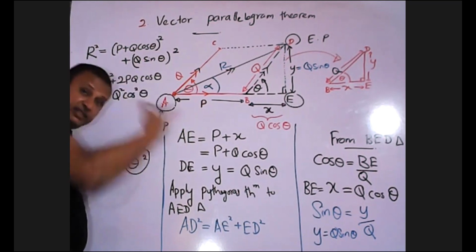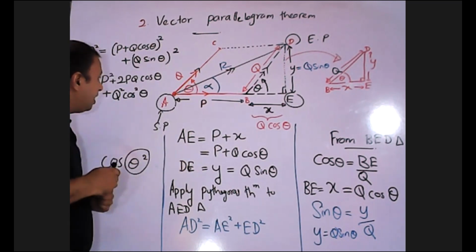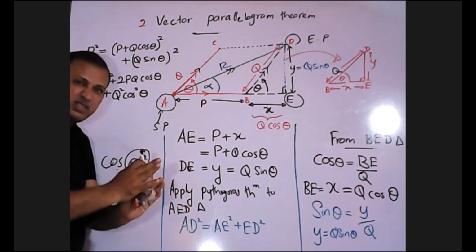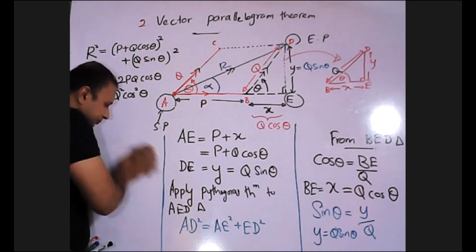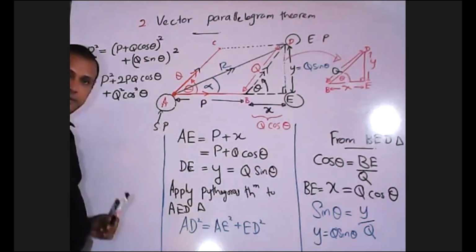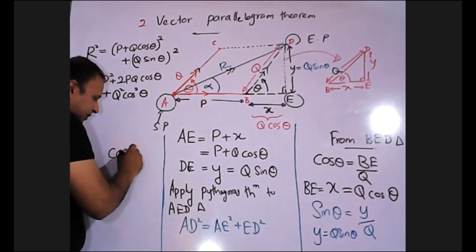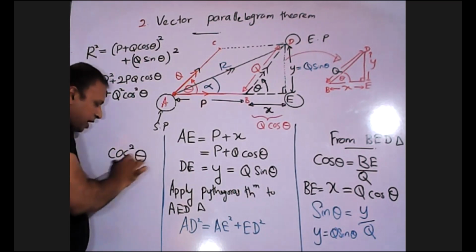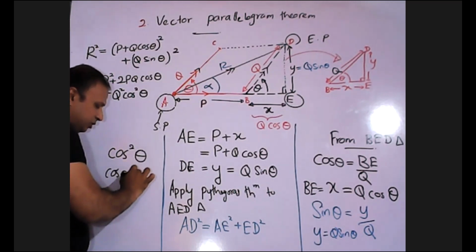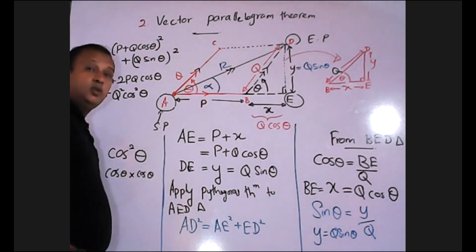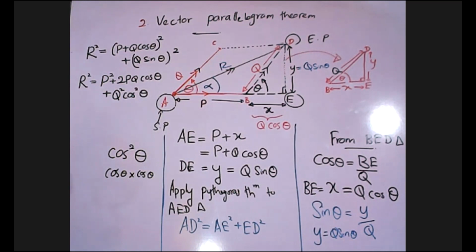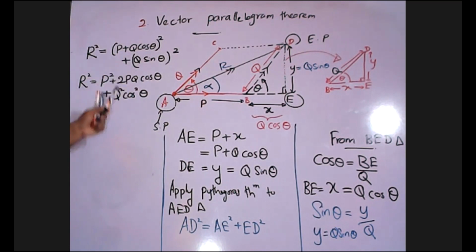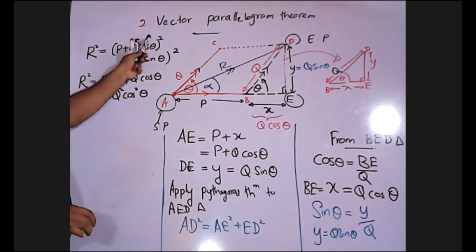I should get the square of cos theta. Therefore, I have to write cos square theta. Cos square theta means cos theta into cos theta. That is the meaning of cos square theta. Therefore, I can write Q squared cos square theta.